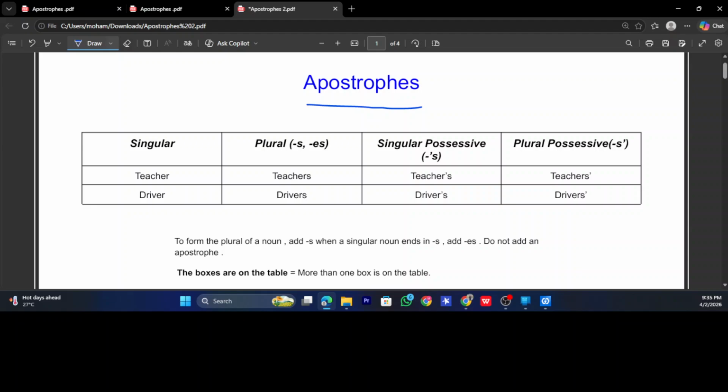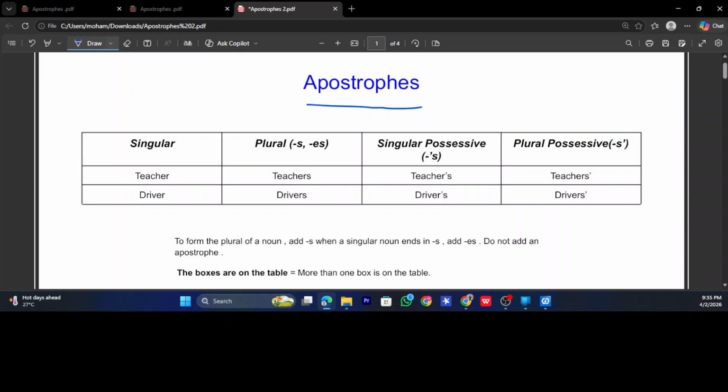First of all, apostrophe is basically used for nouns.